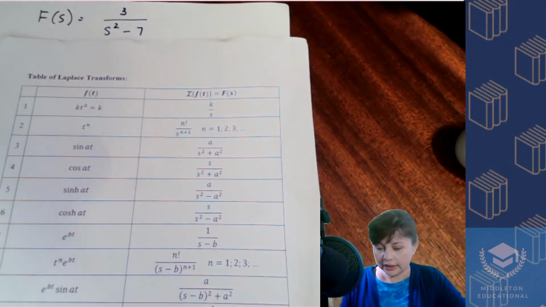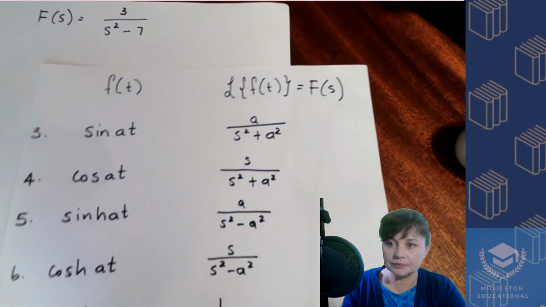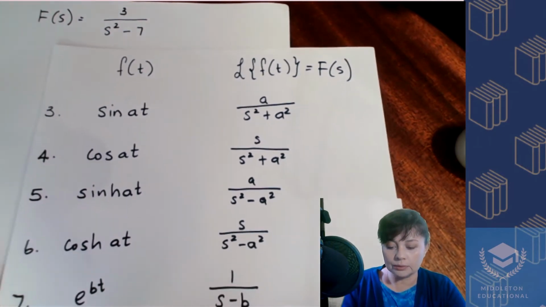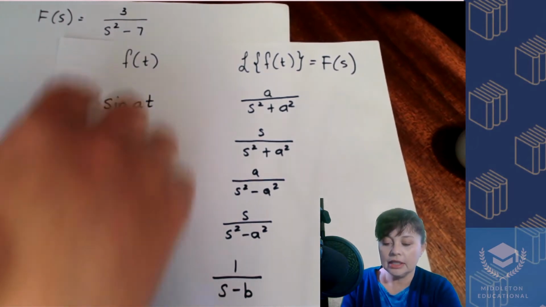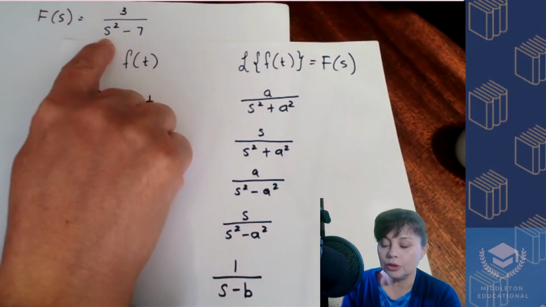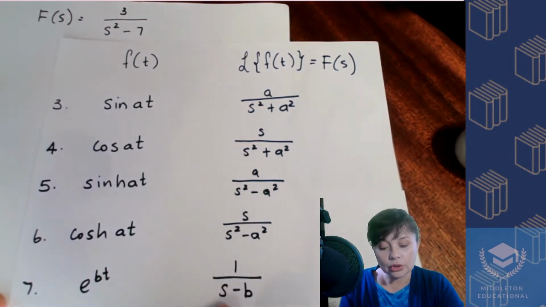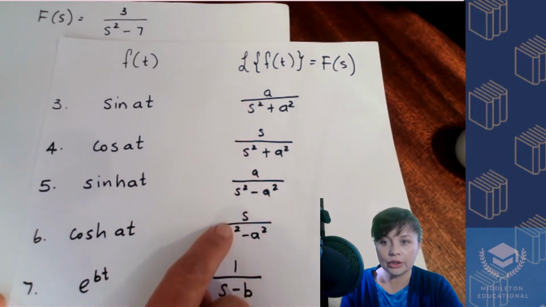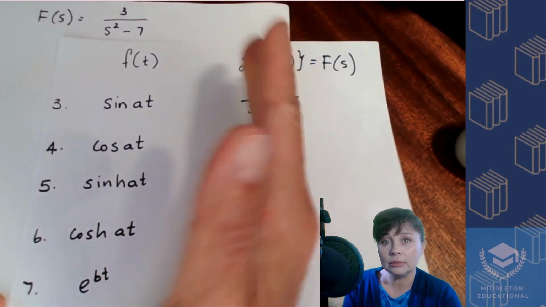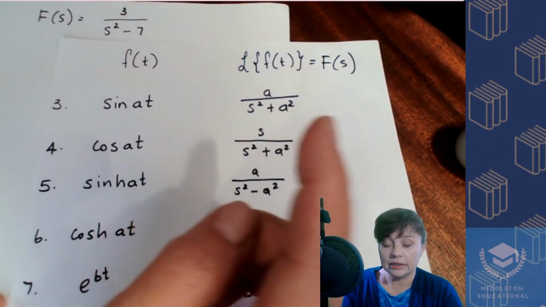So I've written it over here, right? I've only written down from number 3 to number 7. If we look at the denominator here, you have s squared minus some number, and you look at all the values on the F of s side, because we are going to move from the right hand column to your left hand column, because that gives you your inverse.